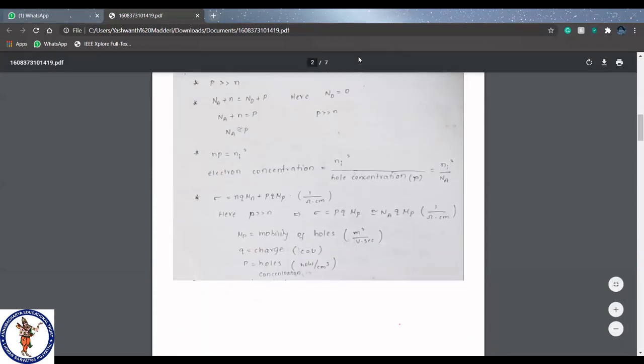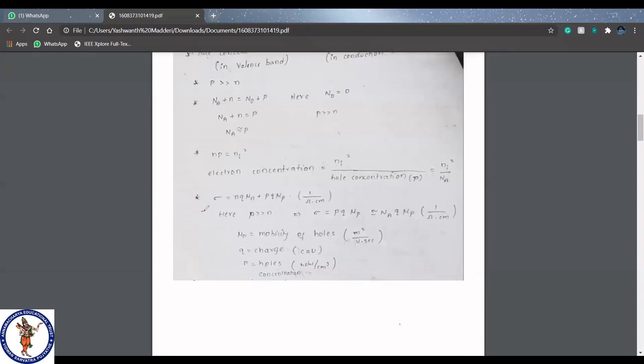Now we will move forward and find the conductivity. We know the basic definition of conductivity, which is nothing but N q mu n plus P q mu p. But in this particular case we can approximate. As we have seen in the case of an intrinsic semiconductor, we don't have any approximation, and we have to substitute both the electron concentration and the hole concentration to find the conductivity.